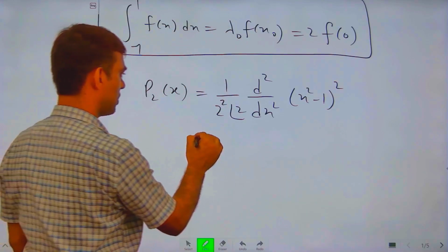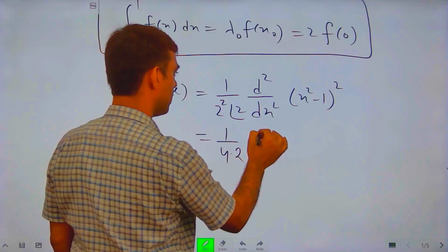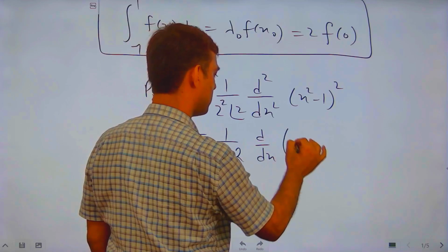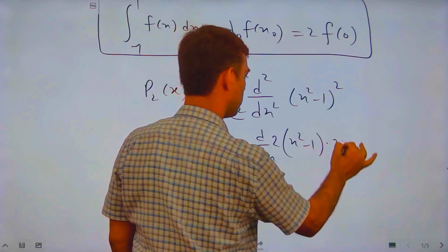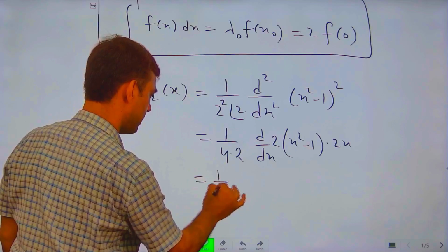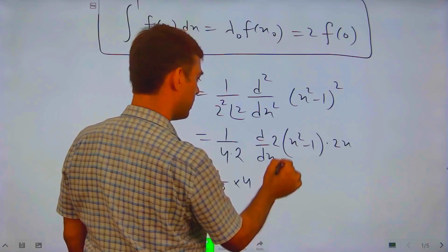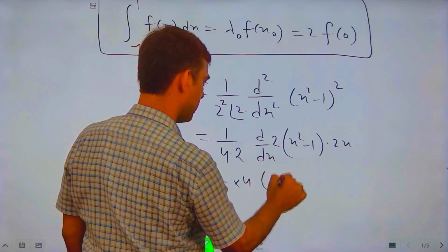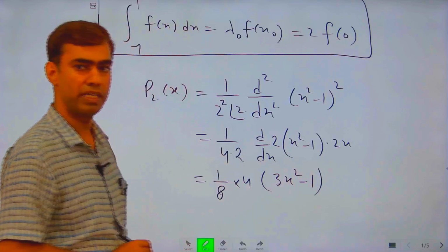So P2(x) becomes 1 upon 4 into factorial 2, which is 2, and one differentiation gives 2 times (x squared minus 1) into 2x. Differentiating once again, this becomes 1 upon 8 into 4 outside, and inside d by dx of (x cubed minus x), which gives 3x squared minus 1.